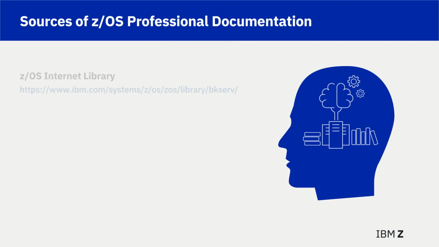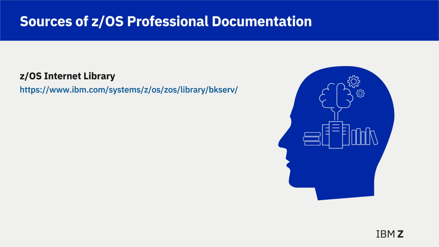The zOS Internet Library is the location for IBM-written manuals about all the various zOS components. Each new release of zOS has updates to the manuals. These manuals are organized in bookshelves where the individual manuals can be viewed online or a PDF form of the manual can be downloaded.